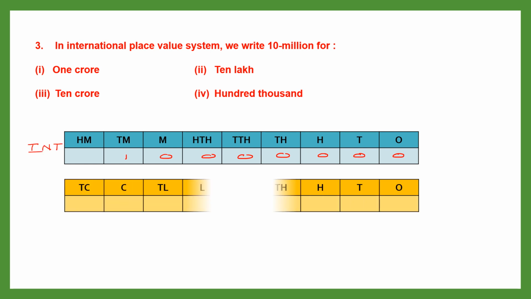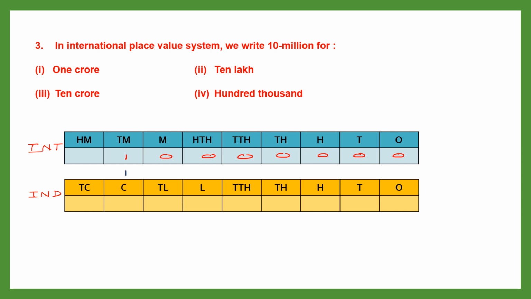Now let's draw the Indian system. So this is the Indian system. So the Indian system, the number of digits will be the same. The places, ones, tens, hundreds are the same as this. 1,000, 10,000. Here 100,000 is equal to 1 lakh. 1 million is equal to 10 lakh and 10 million is equal to 1 crore.